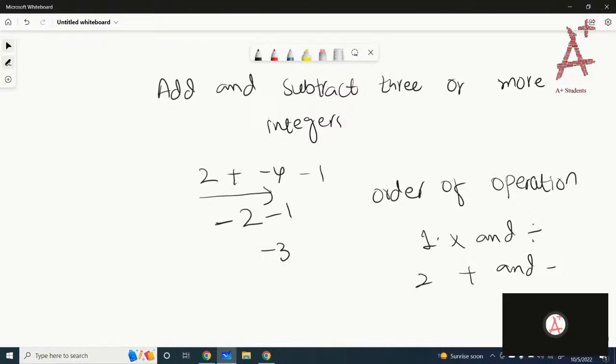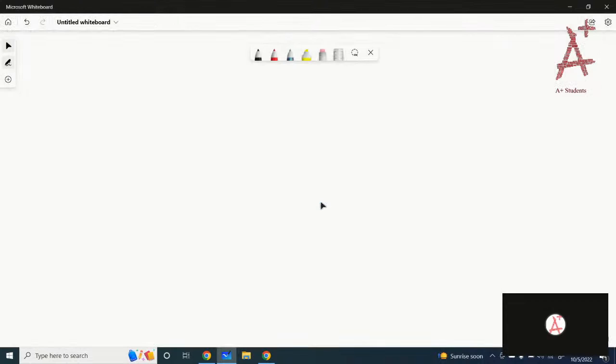Okay, let's start with another example. Negative 9 minus negative 1 minus negative 7. Okay, so what you have to do is start from left to right because you don't have any multiplication and division here. They are just adding and subtracting.